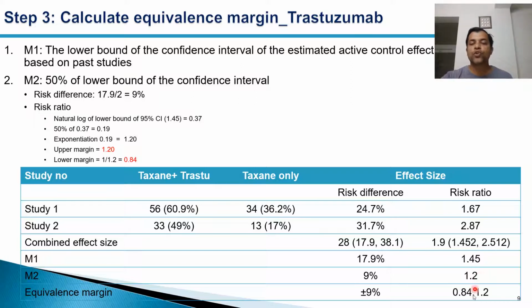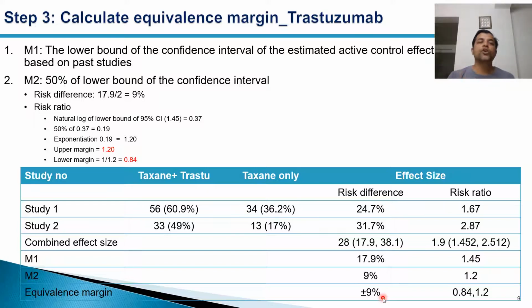So for risk ratio, the margin comes to 0.84 and 1.2 based on this method. And for risk difference, when you take plus or minus of M2, it becomes the equivalence margin. So for risk difference, the margin will be -9 to +9, and for risk ratio, the margin will be 0.84 to 1.2. This is how you calculate the margin.